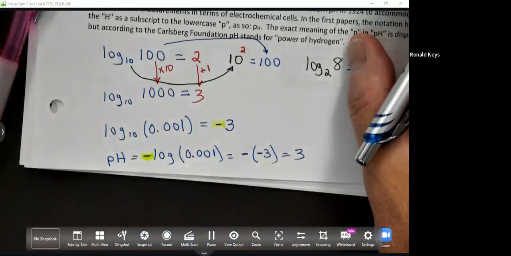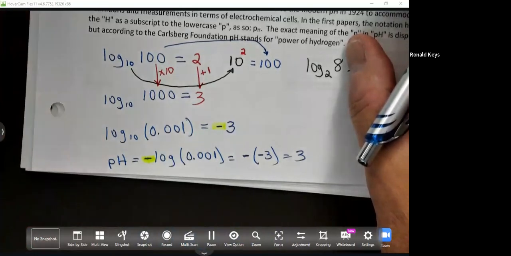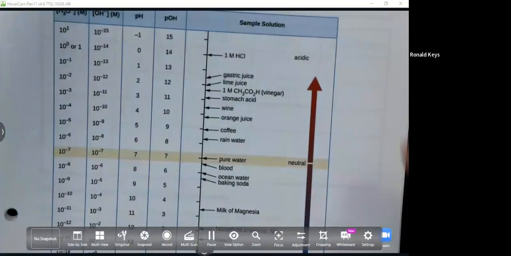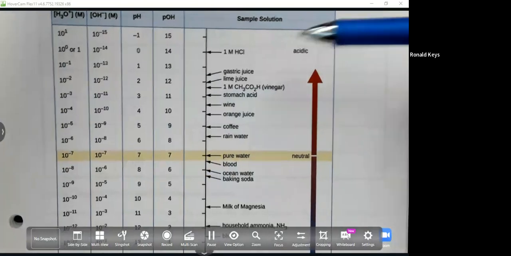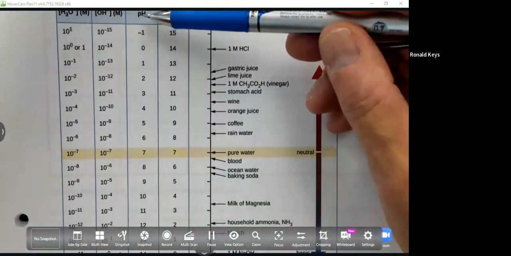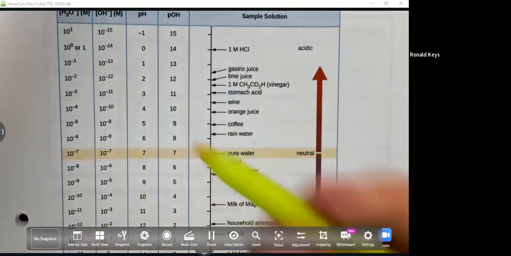All right, let's go to the next page and see what we got. First of all, let me actually go to page 11. So here is the pH column.